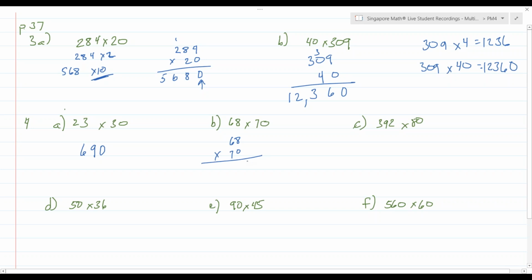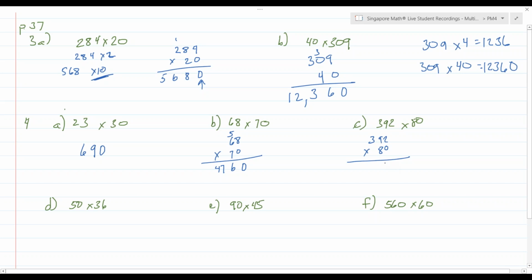I know when I multiply by 7 tens that I'll have a tens number, and so my ones digit will be 0. 7 times 8 is 56. 7 times 6 is 42. Add 5 is 47. So it's 476 tens, or 4,760. See how easy it is when you multiply to think about the number of tens.